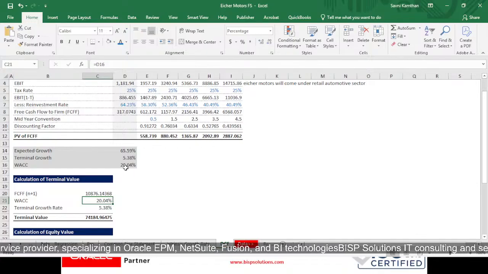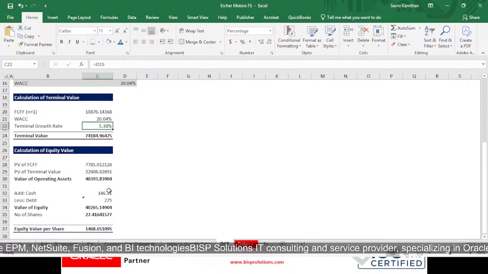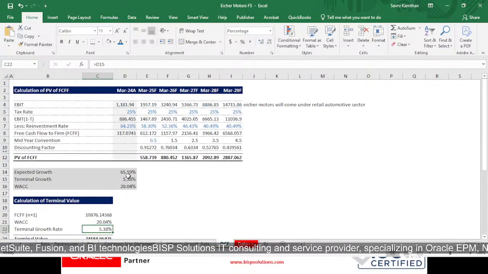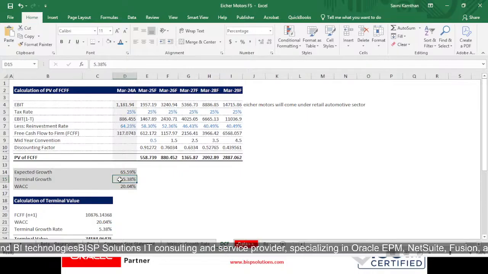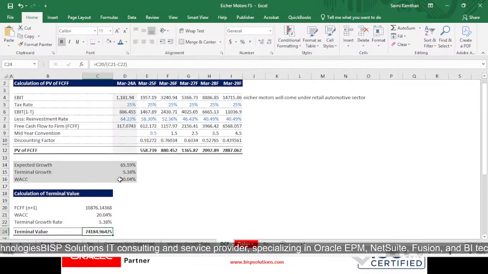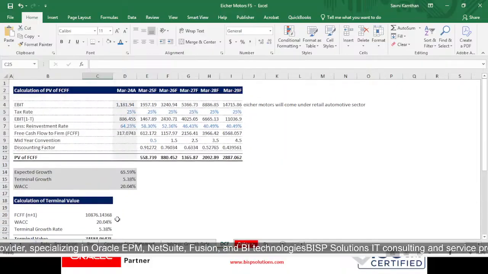Now again WACC is this, so we have taken it over here also, and terminal growth rate is already calculated in this portion, so it is 5.38. So if I want to calculate my terminal value, I will be taking my FCFF, which will be divided by my WACC minus terminal growth rate, then I will be getting terminal value.